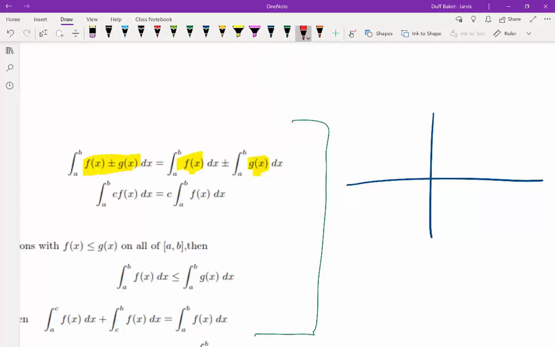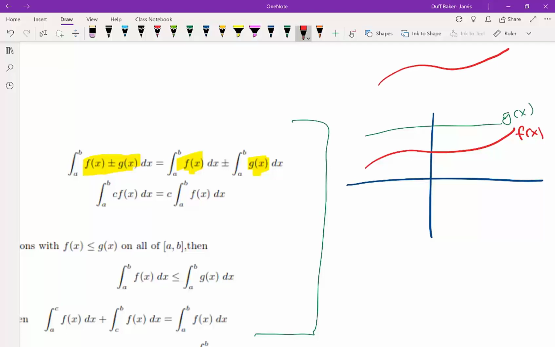So say the green thing is g of x, the red thing is f of x. Then what would f plus g of x be? It would be what you would get from adding them, so something more up here.